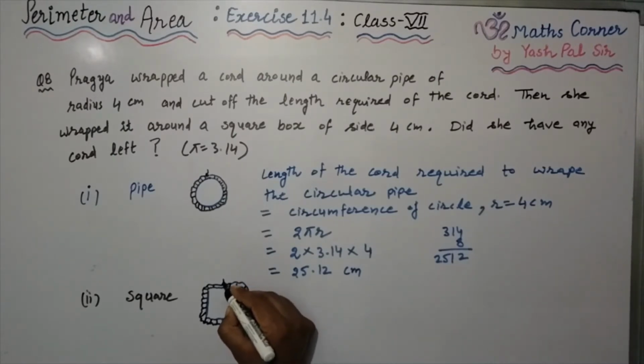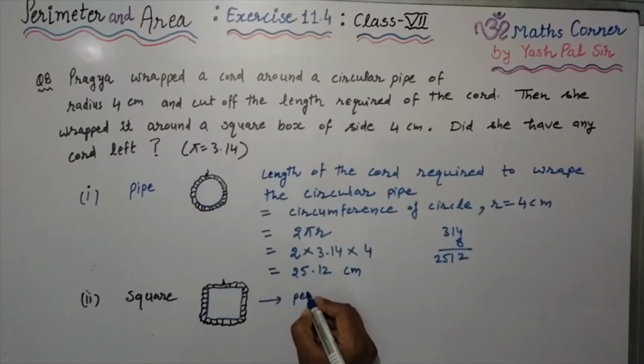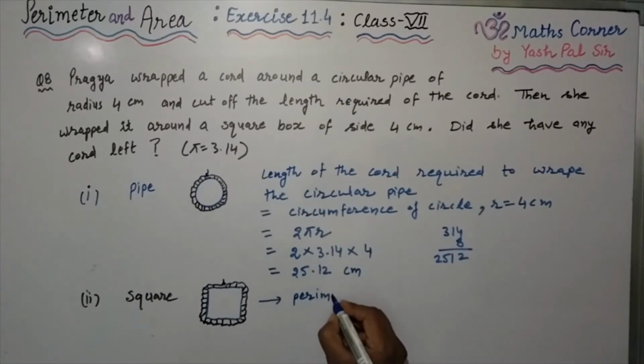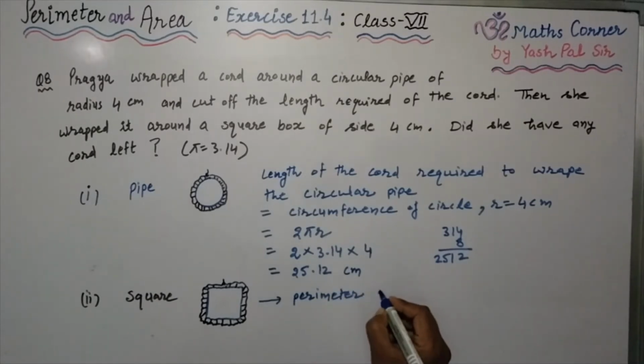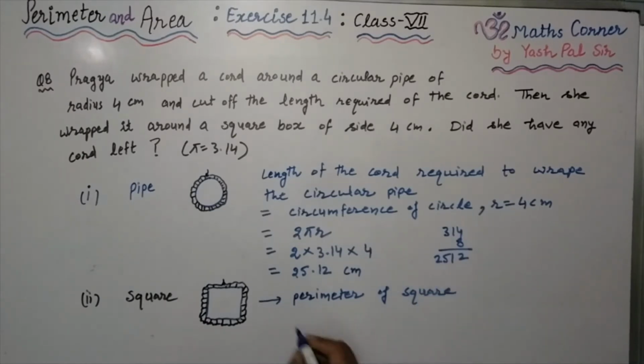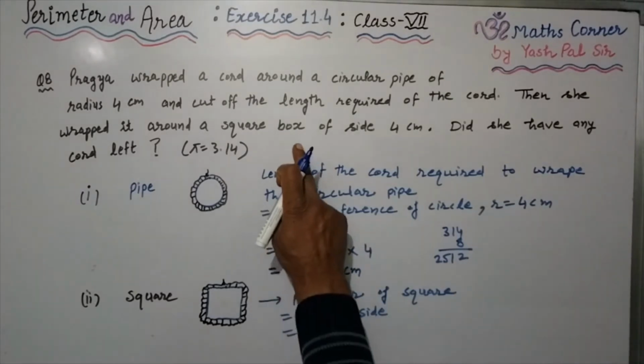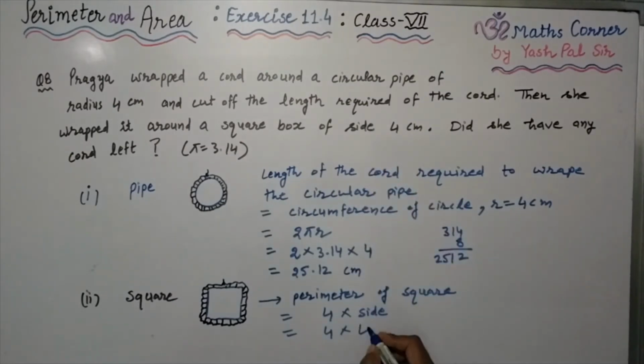She wrapped here. Now what is the perimeter of the square? That is equal to 4 into side. What is the side? Box of side 4 centimeters. That is 4 into 4, 16 centimeters.